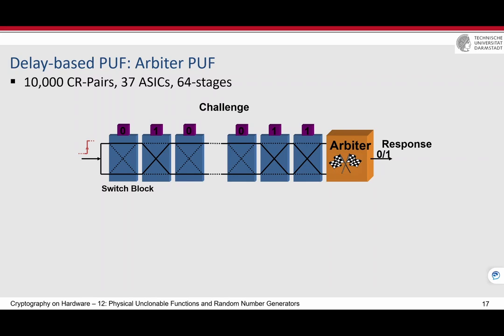But what you see here is only a one-bit response. One bit is of course not enough for authentication. Then you need many instances of this inside the chip, and you can give them the same challenge, generate a lot of responses for authentication, and use it exactly as a PUF.